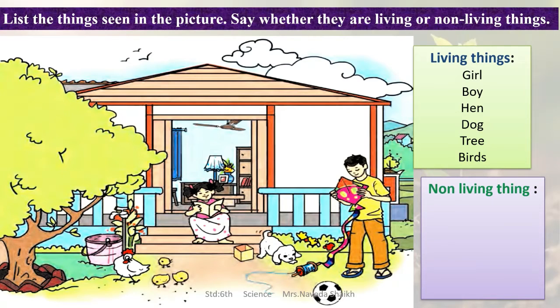These are the non-living things that I can see, and even you can see a few more if you look carefully. There is a ball, a house, books, a bucket, a kite, a fan inside the house, a lamp, a pot, etc. So you need to make a list of the things that you see which are living and the ones which are non-living.